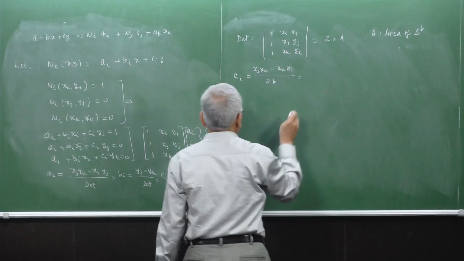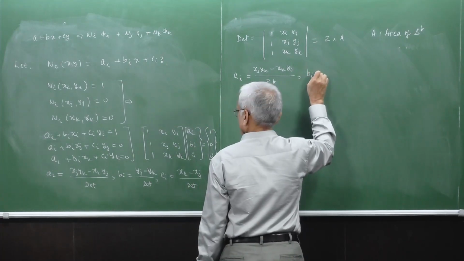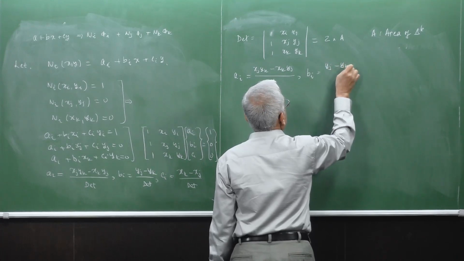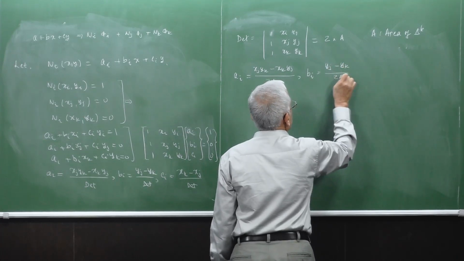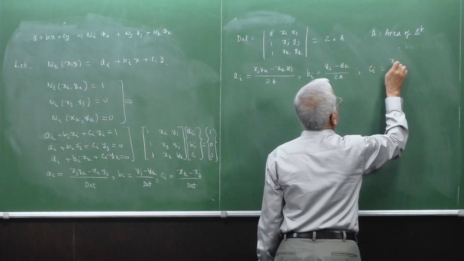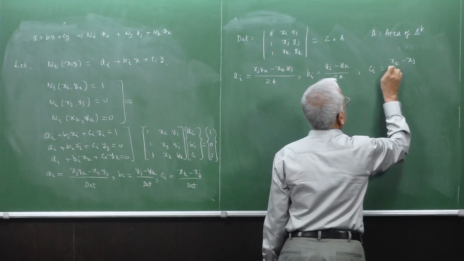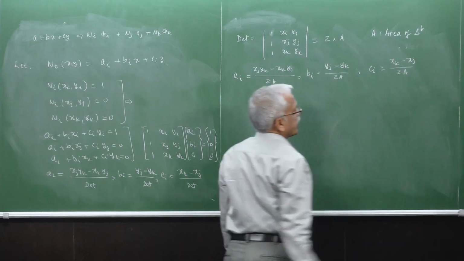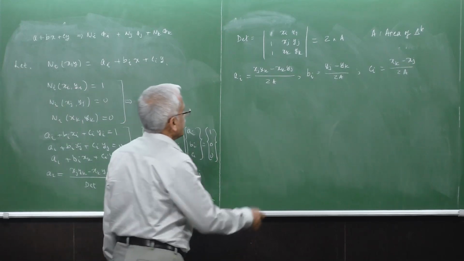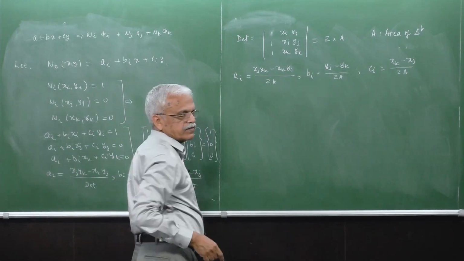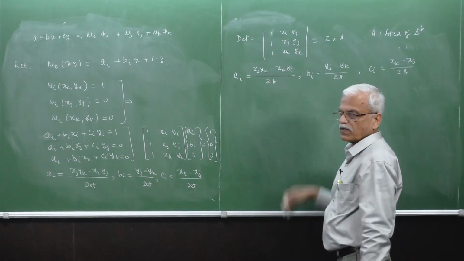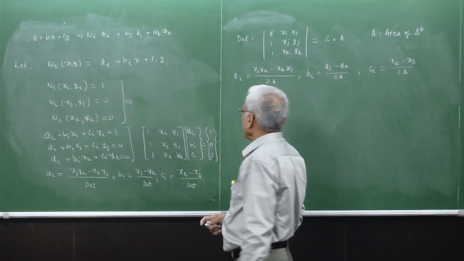So ai, bi, ci are nothing but values in terms of the coordinates xi, yi and so on.